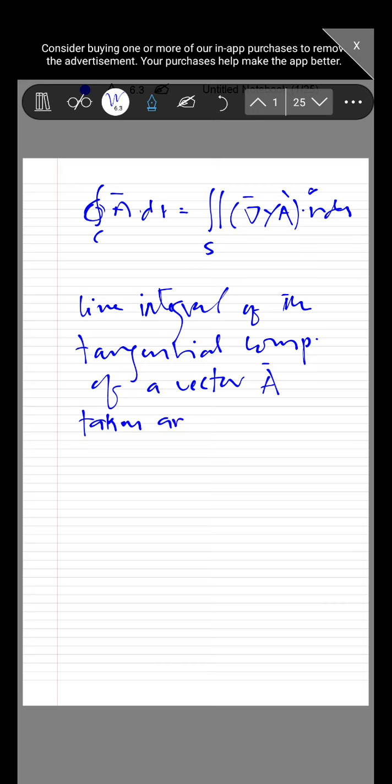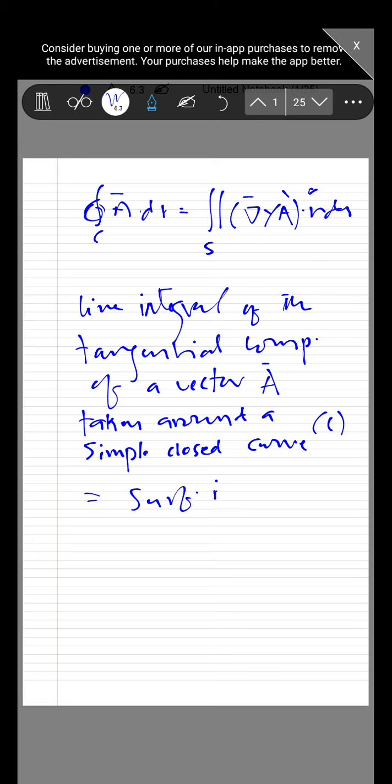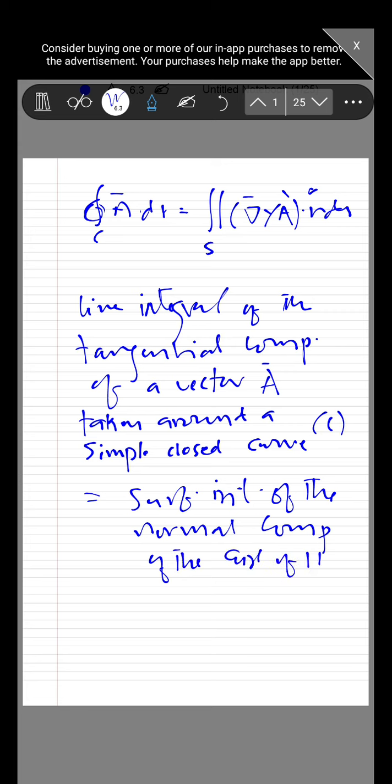which is C here, is equal to the surface integral of the normal component of the curl of the vector.